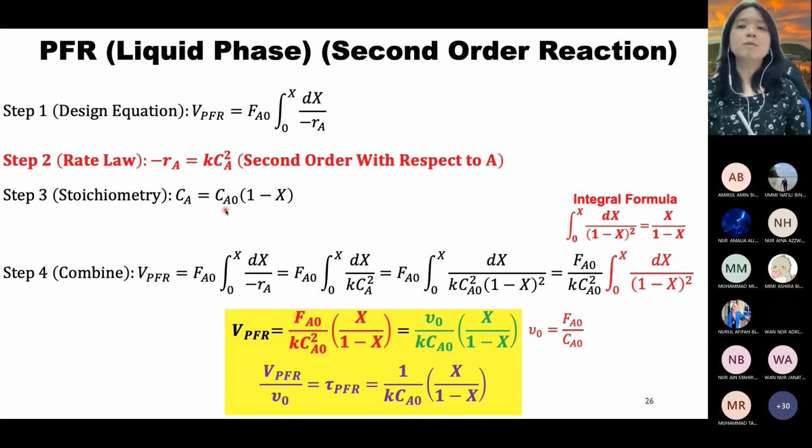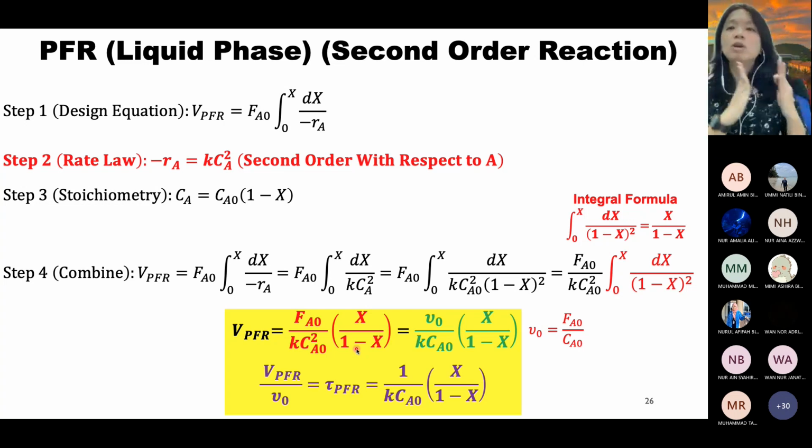Kalau sistem kamu tak memenuhi kesemuanya, this equation is not valid. That's the part that you have to understand. Kadang student dia akan confused, dia tersalah pilih equation sebab dia tak faham sistem yang mana satu memerlukan equation yang mana satu. So that's the bonus. Kamu tak payah hafal. Cabaran dia nak tahu pula how to use which one. Right.